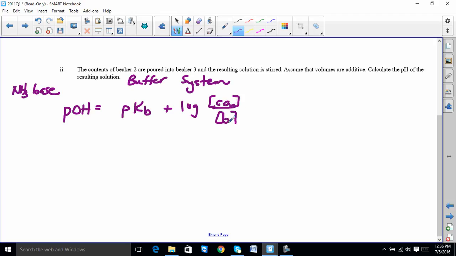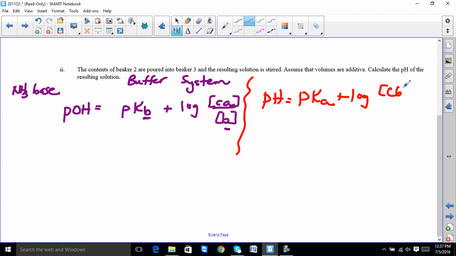And I like this equation because the base is down here. The equivalent equation that you would use if it was an acid, pH is equal to pKa, because acids are all about H plus, the log of the conjugate base over the acid.